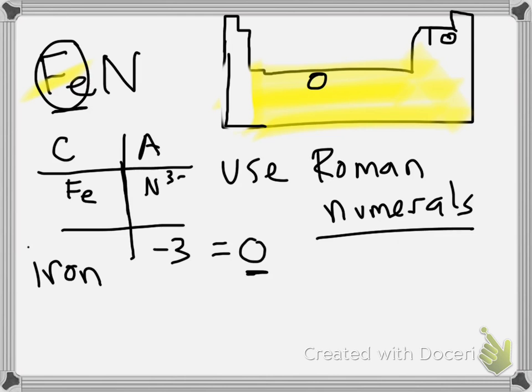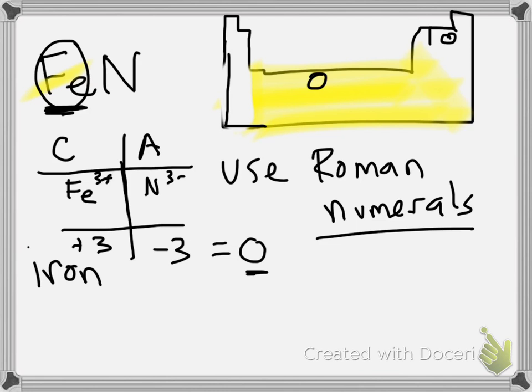All of these compounds need to be neutral. So what has to go here? Something -3 equals 0. Well, that has to be a +3. +3 minus 3 equals 0, which means, and I only have one iron, there's no number down there, that iron would have to have a +3 charge.